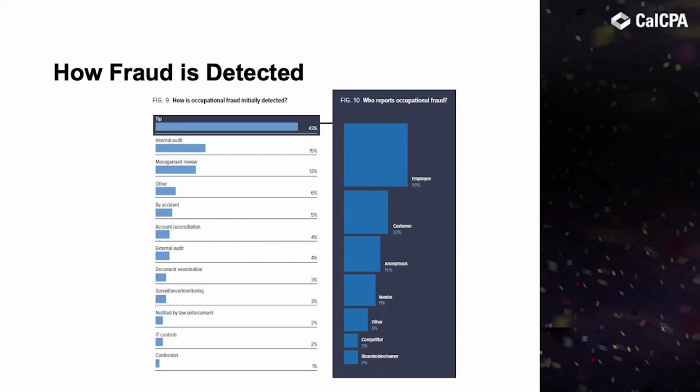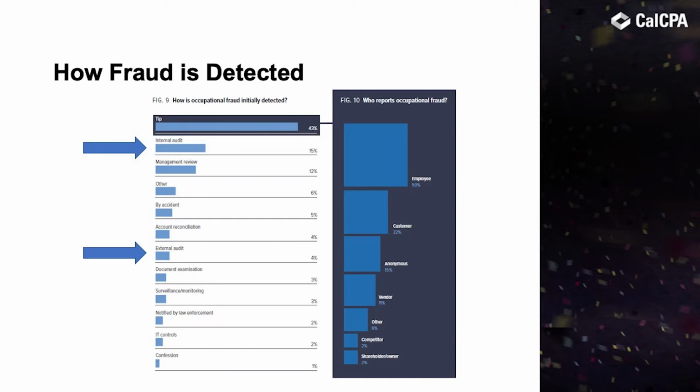The next highest number that you're going to see, there are two numbers here that I want to point out to you. There are internal audits, that represent about 15%, and your external audit. Now, many organizations and many community members don't realize that an external audit is not intended to detect fraud.